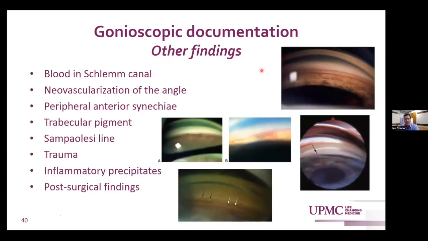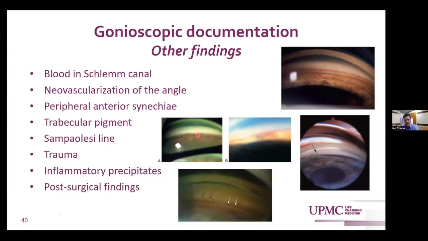Things you might see are blood in Schlemm's canal, here associated with elevated episcleral venous pressure or sometimes hypotony. Neovascularization of the angle, there's one here with angle closure, peripheral anterior synechiae. So here you see a sort of broadish PAS from previous inflammation.